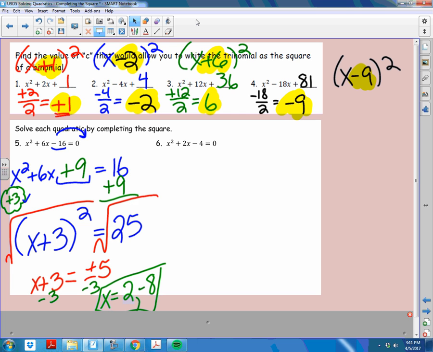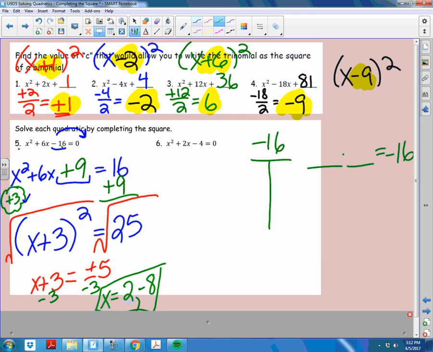To be perfectly honest with you, if I was told to solve number 5, there's no way I would have done this. And I'll tell you why. Because if you do a times c, and you get negative 16, and you factor negative 16, you could find two numbers that when multiplied get you negative 16, and add get you positive 6.